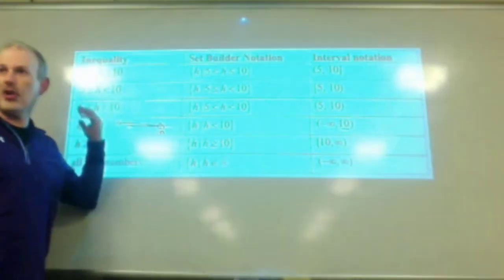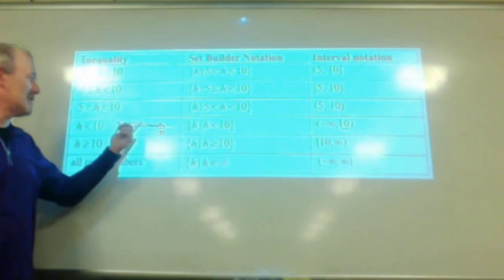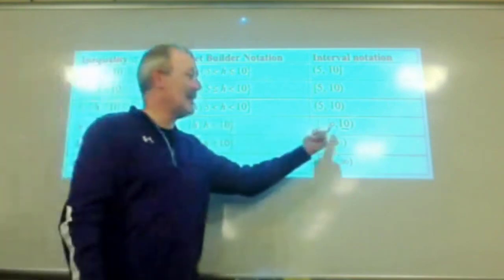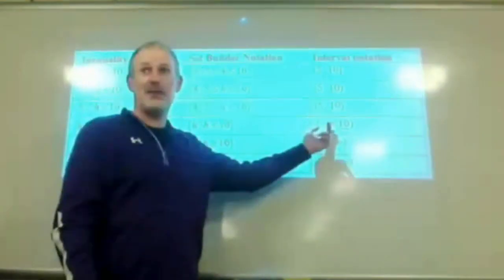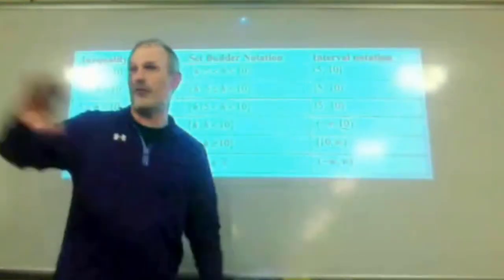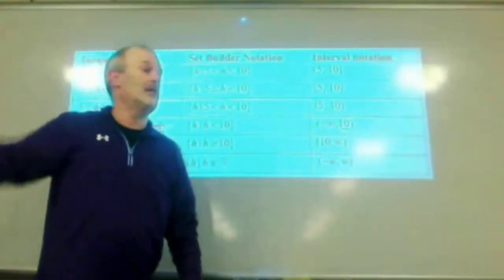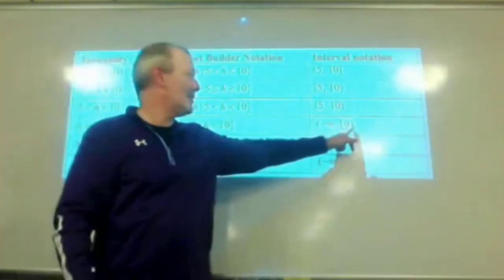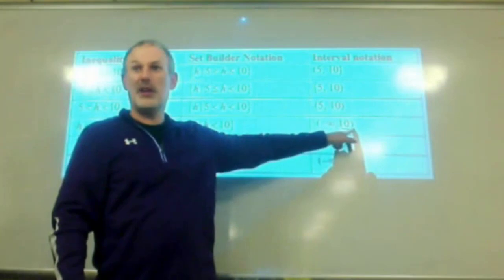There is no lower boundary. The way we represent going forever to the left is negative infinity. That sideways 8 shape is infinity. So negative infinity means we go forever to the left. Now, this one gets a parenthesis because there's no equal sign by it.